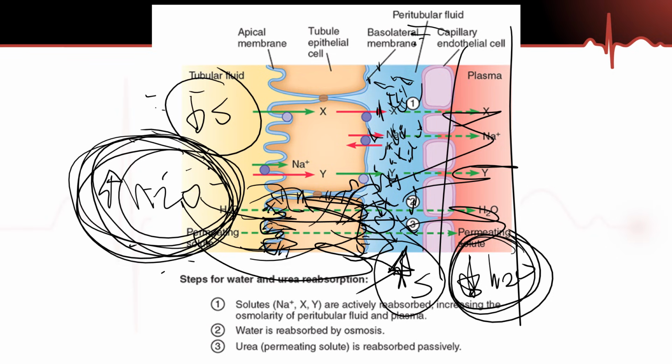It's going to be Starling forces that bring the water back in. This is how water is reabsorbed from the proximal convoluted tubules. It's through osmosis. It's through diffusion through channels.